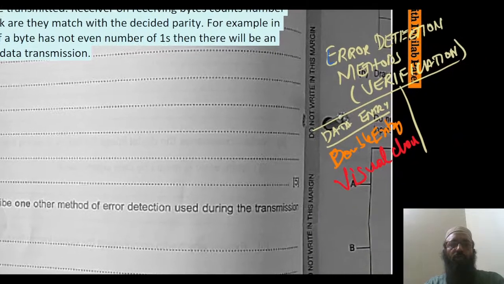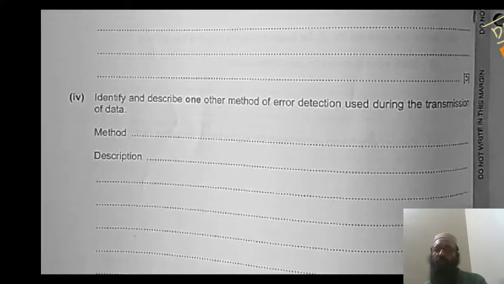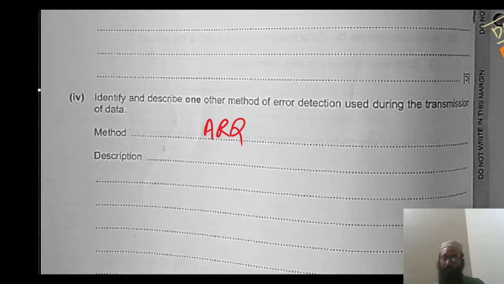And on data transmission, we have parity check, we have echo check, we have ARQ, we have checksum. So you may write down any of them. For example, you are writing ARQ. So you need to describe the process of ARQ. We have studied that in ARQ we use an acknowledgement and timeout method.